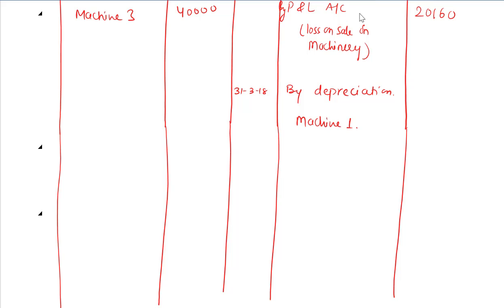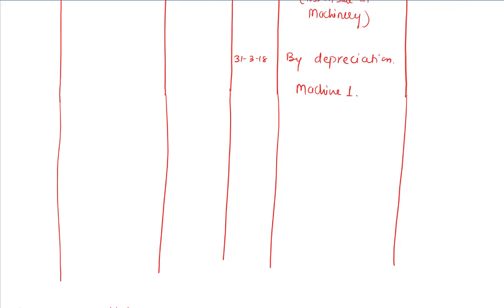The total is 2,40,000, and on that we have to calculate the depreciation. One third is already sold, so two third is pending, multiplied by 20% for the whole year, 12 by 12.